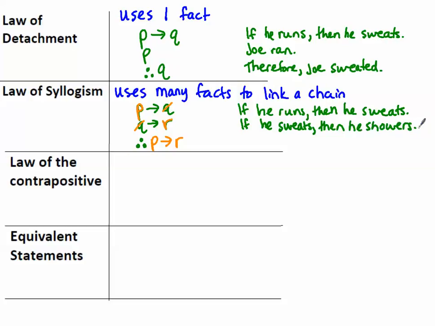So concluding, or rather summarizing the story, is if he runs, ultimately what happens? Well, his sweating caused him to having to shower. So we could say, therefore, if he runs, then he showers, linking the beginning of our story to the very end of our story, kind of like giving a summary.